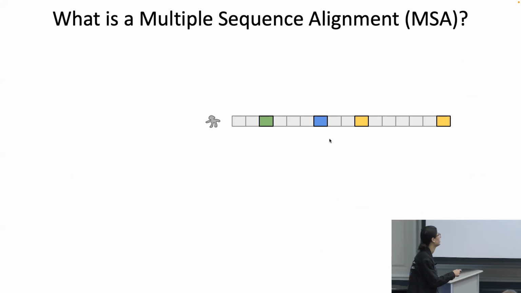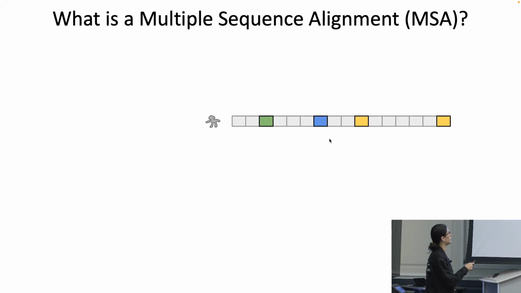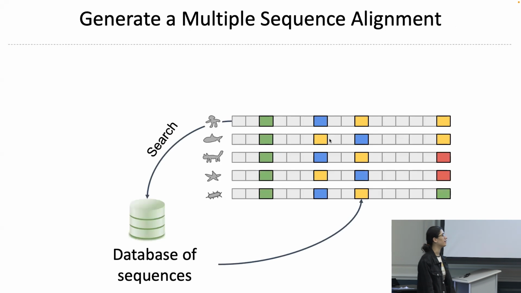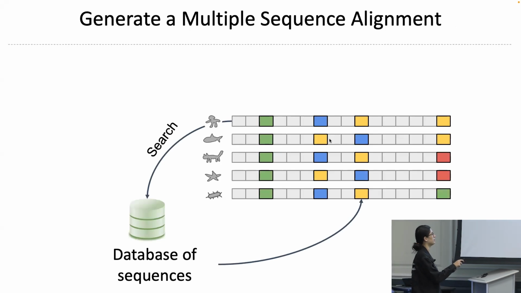This is a very abstract representation of a human protein sequence. Let's say that we take this human sequence and search against a database of sequences from different species and find these 4 other species that have some type of alignment to the human sequence.